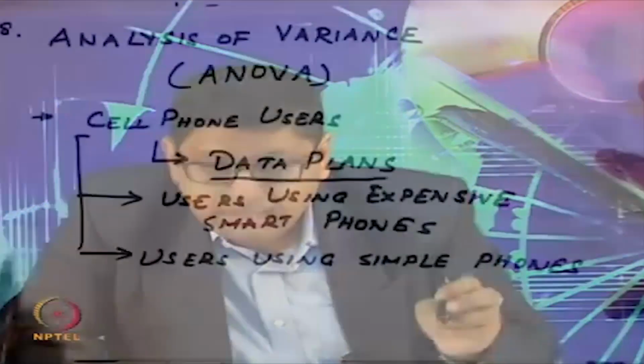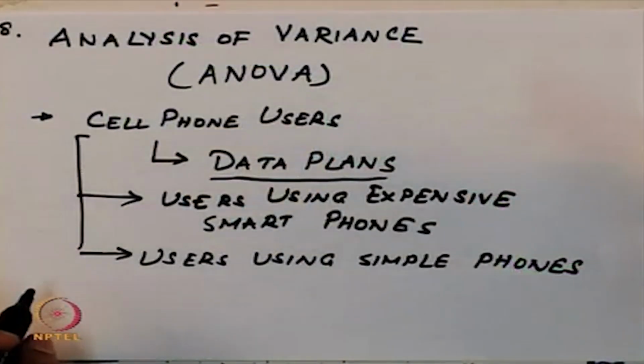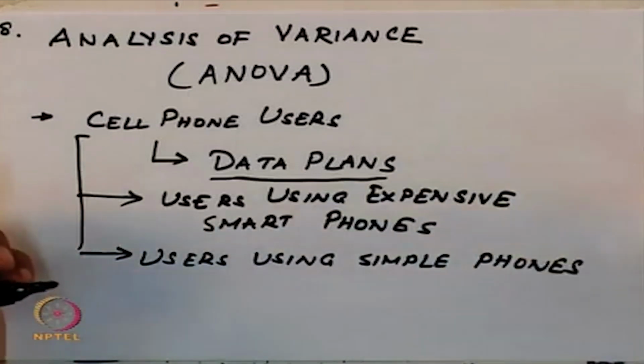And analysis of variance is that procedure which allows us to incorporate the effect of a subpopulation on the variability of the overall population. So, you try to assign the variability into individual factors which are likely to have distinct effects on the overall variability of the statistics that you are measuring.